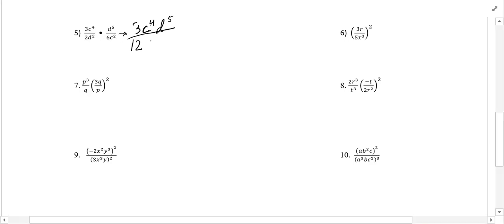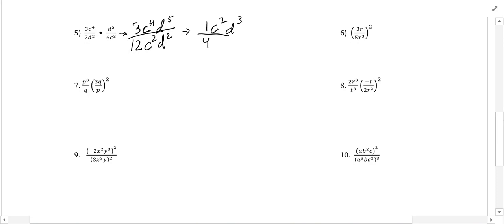And then I have c squared, d squared. All right, so when I reduce these, 3 over 12 is going to reduce to 1 over 4. Then c to the 4th on the numerator and c squared on the denominator, that's going to reduce to c squared in the numerator. And d to the 5th over d squared, that's going to leave me with d to the 3rd in the numerator.